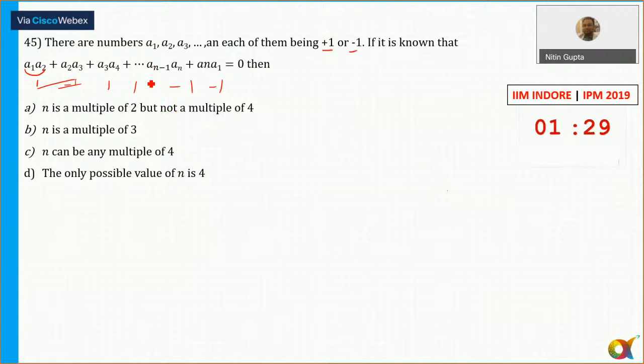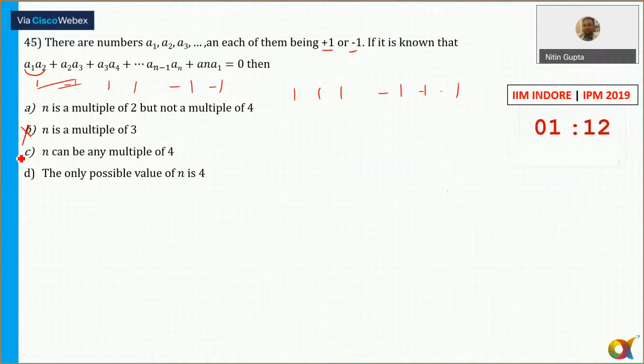Okay, so for one thing we are sure that n is always an even number. The final result can be 0 if the three numbers are 1 or three numbers are -1. So n has to be an even number, so we can straight away reject option B.